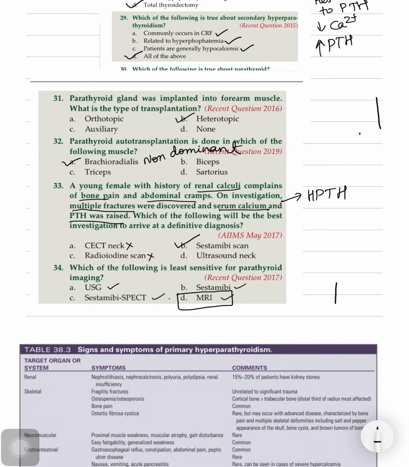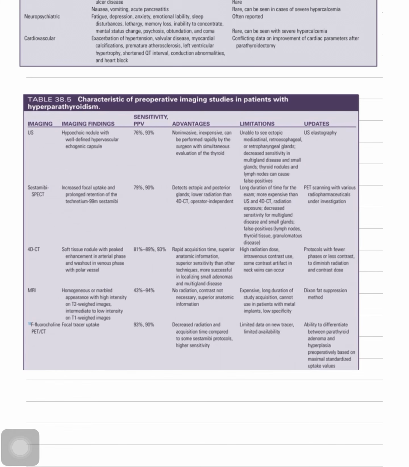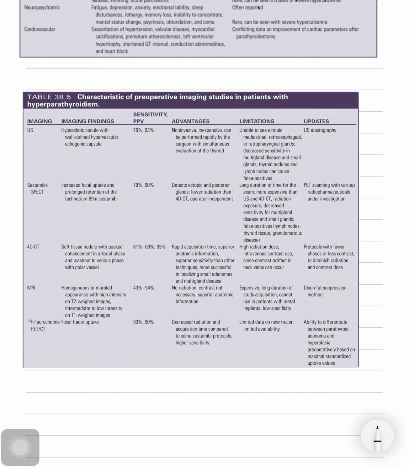MRI accounts for only about 43%, whereas ultrasound is 76%, and sestamibi is 79%. So this is the most sensitive investigation for parathyroid imaging.